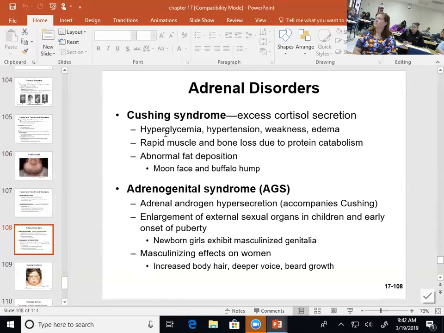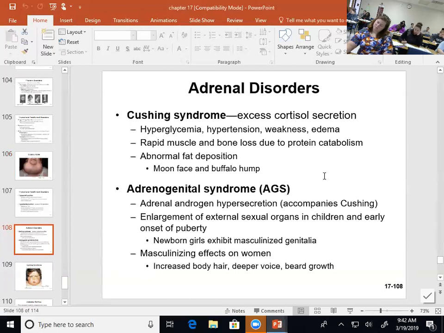This is going to be either because of an excess of ACTH. And what does ACTH do? Where's it from? The ACTH is from the pituitary. So why am I talking about it right here? Because it targets the adrenals.